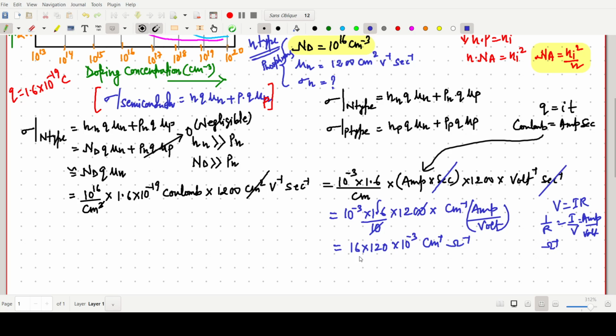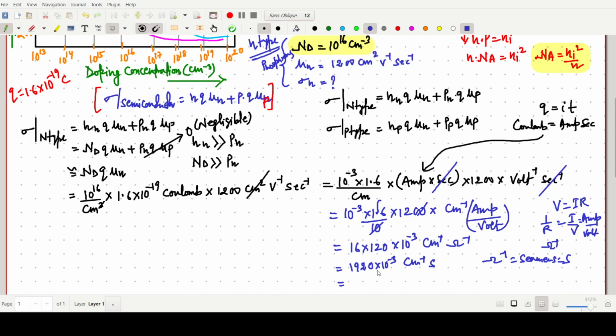Now we just have to multiply 16 into 12. 16 into 10 is 160, then it should be 192 into 10 to the minus 3, centimeter inverse. Ohm inverse is simply Siemens, so we can write it as S, or ohm inverse centimeter inverse.